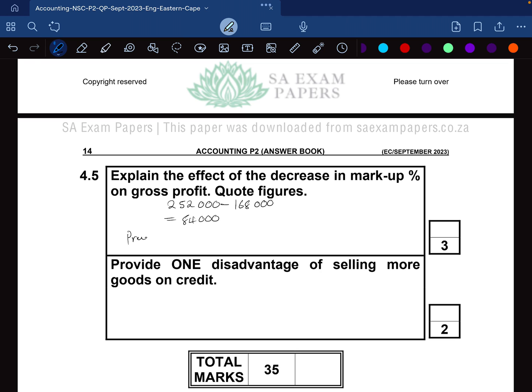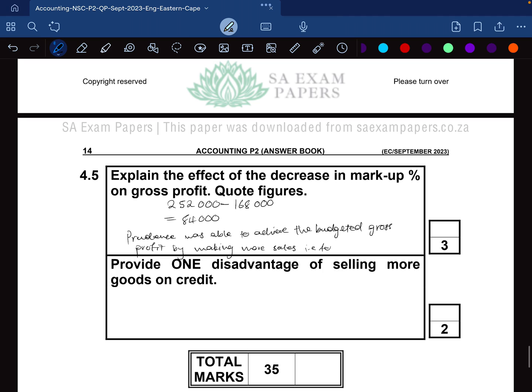Then Prudence was able to achieve the budgeted gross profit by making more sales, i.e. gross profit, or let's say actual gross profit, actual GP is equal to, no, budgeted.